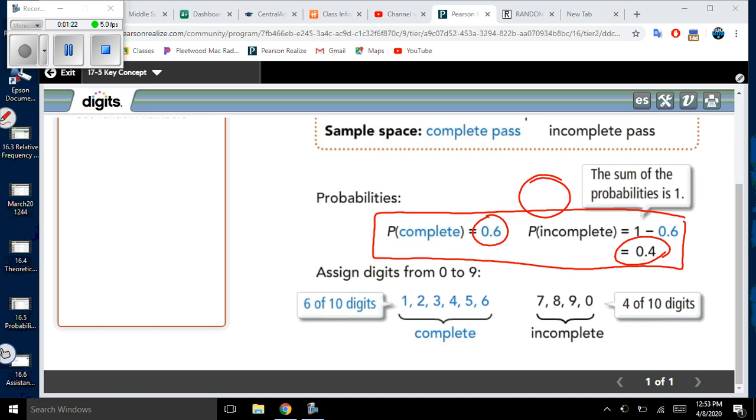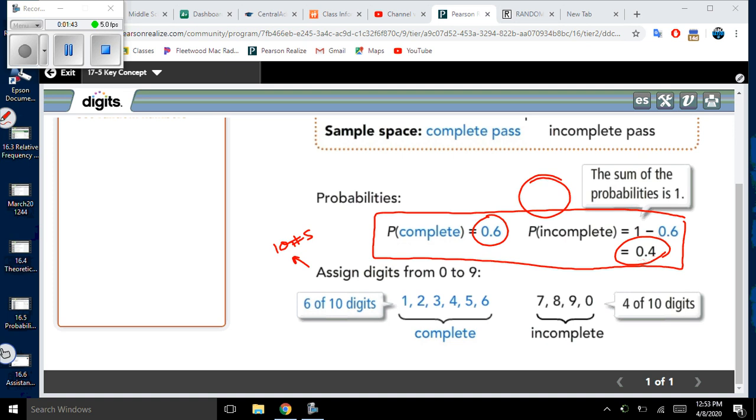We are then going to assign digits 0 through 9. If you take a look at that, 0 through 9 is 10 numbers, right? So 10 numbers, how is an easy way to get 6 out of 10? Think 6 out of 10.